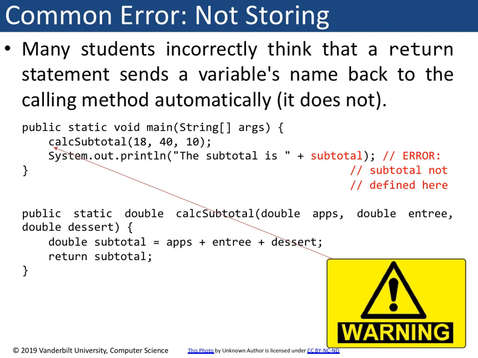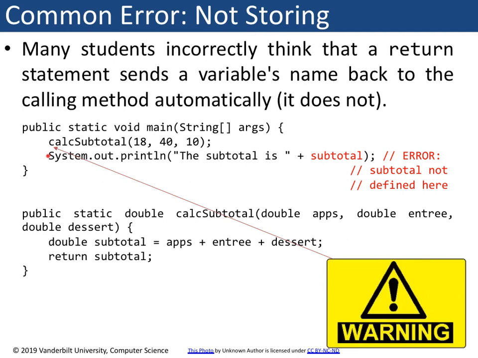So in this method shown here, we have the main method, and when it begins to execute, the first statement is a call to the calc subtotal method, and it sums 18, 40, and 10. Well, the returned value is not stored in a variable, so it just goes away. Nothing is done with it.